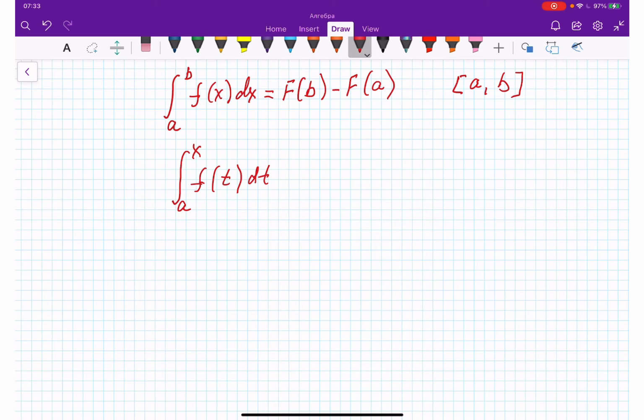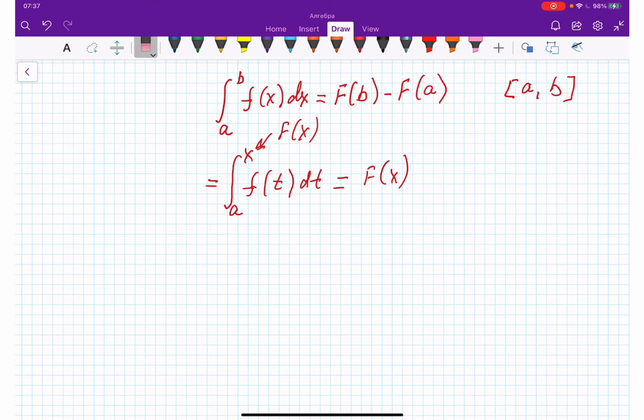So what do we have? a is a constant, just like in the first fundamental theorem of calculus. Now here we have x as the variable of the function, so F of x.